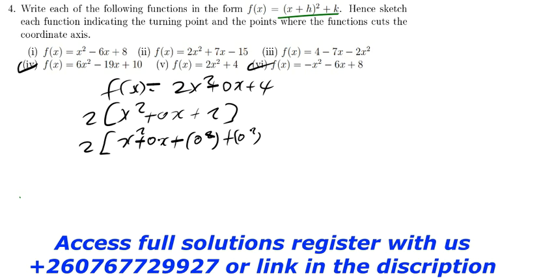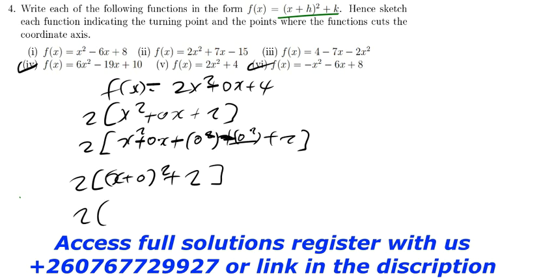I'll put minus here though, then plus 2. In short, 0 is not going to affect anything. You end up having just x plus 0 now squared. One thing I want you to know, here 0 is not going to affect anything. So we end up having that squared, then plus 2.